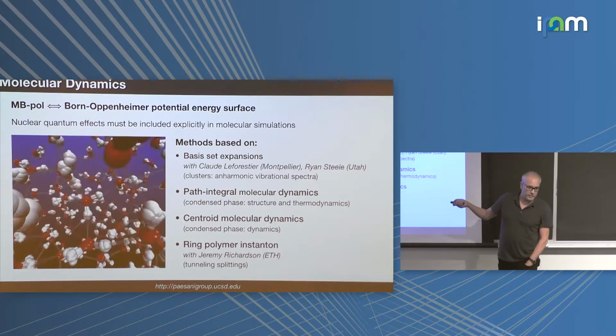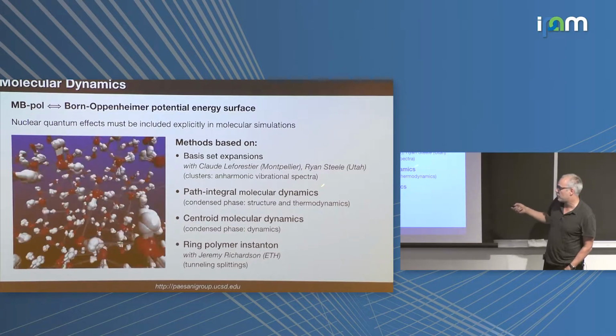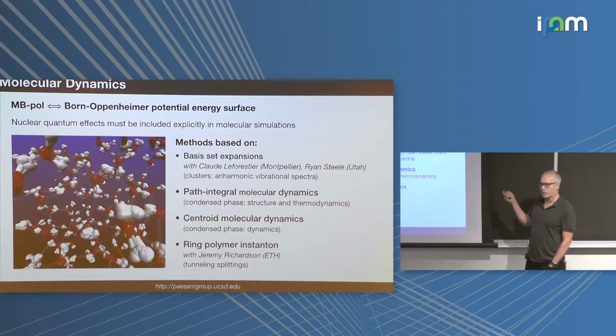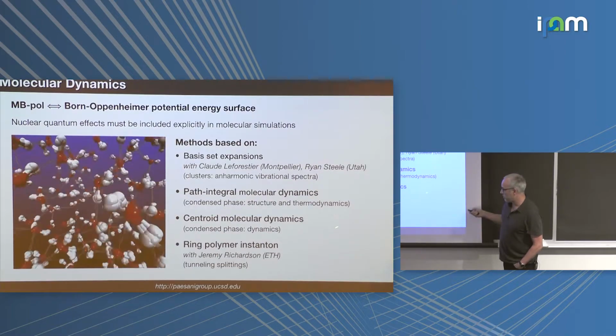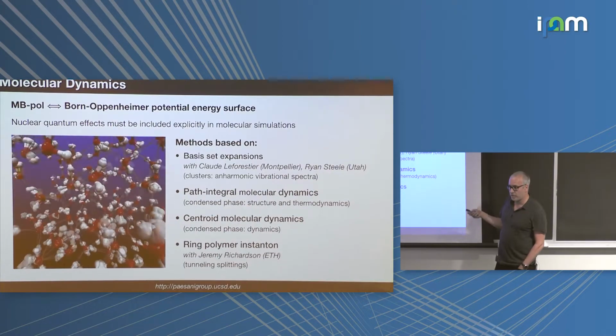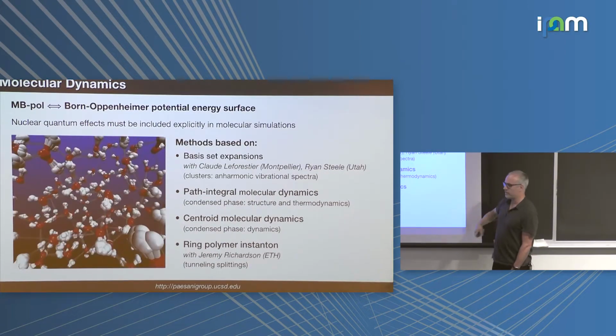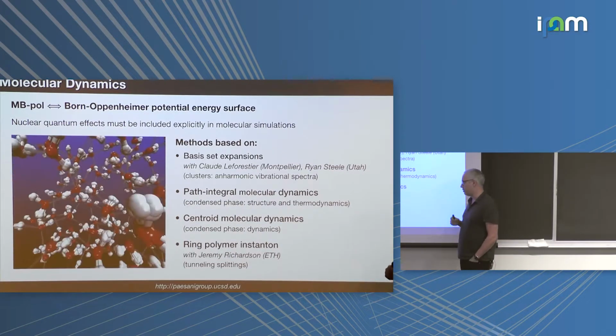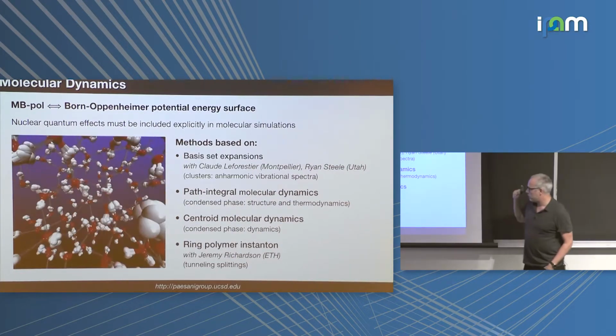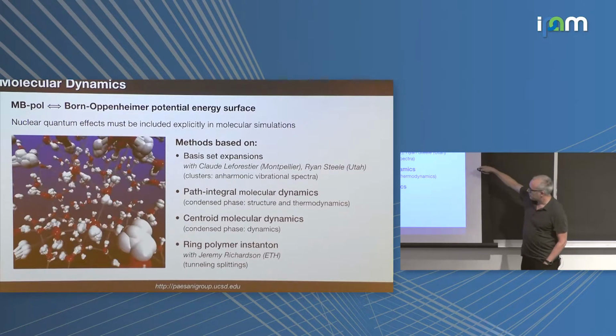And so depending on the size of the system, we can do molecular simulations using basis set expansion for small clusters. We use path integral molecular dynamics and centroid molecular dynamics in the condensed phase. And if you are interested in tunneling properties, we can use ring polymer instanton. So I want to just mention 2 things.